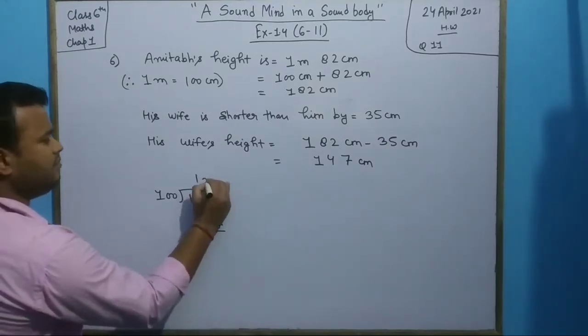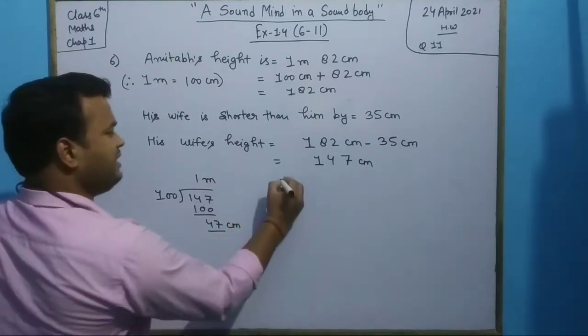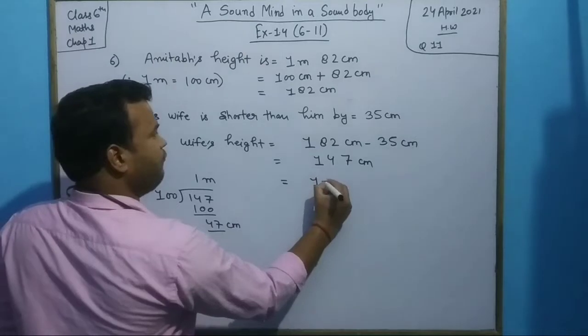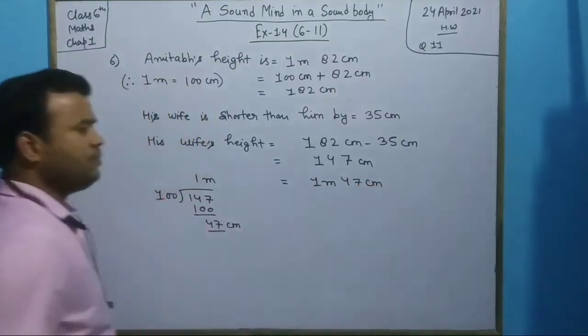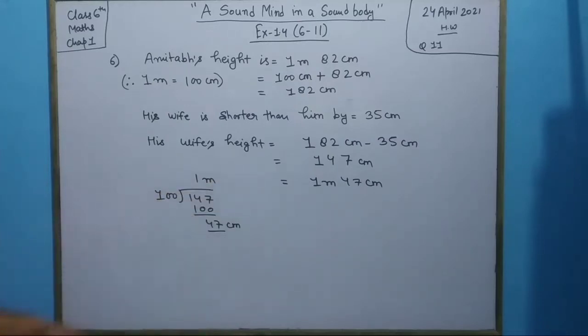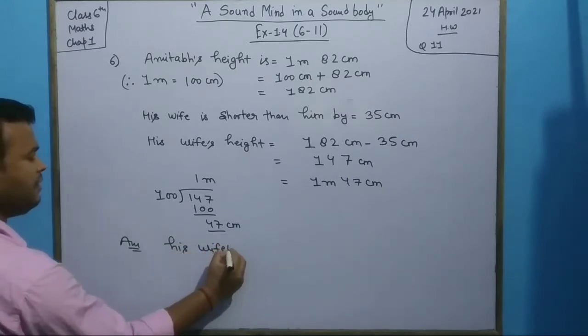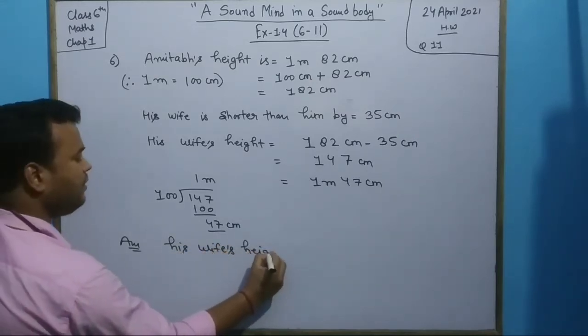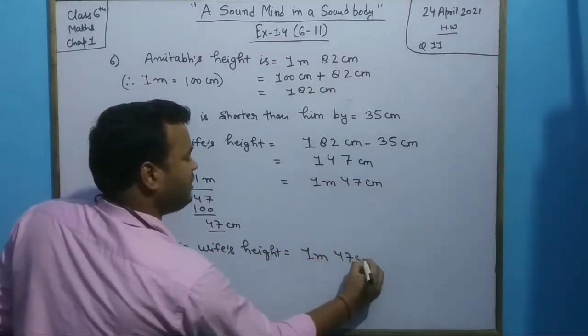So this is meter and this is centimeter. We can write it as 1 meter 47 centimeter. So this will be his wife's height. Finally, his wife's height is equal to 1 meter 47 centimeter.